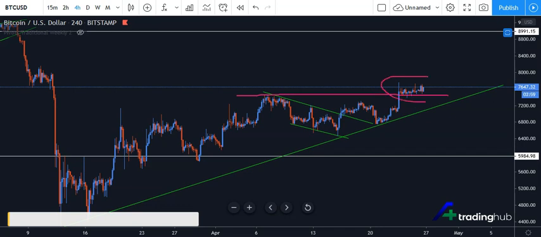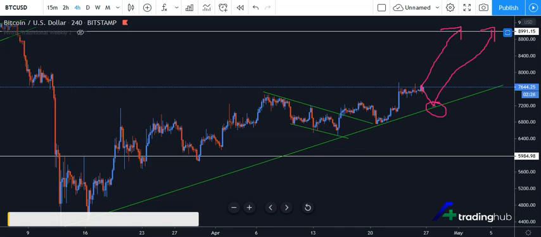So we want to see price continue pushing up until it reaches the 8991 zone, but if that does not happen immediately, we may see a correction and price tag this trend line. When you get a bullish rejection or bullish impulse from there, you take your buy trade to the 8991 zone. So I'm bullish on Bitcoin too.